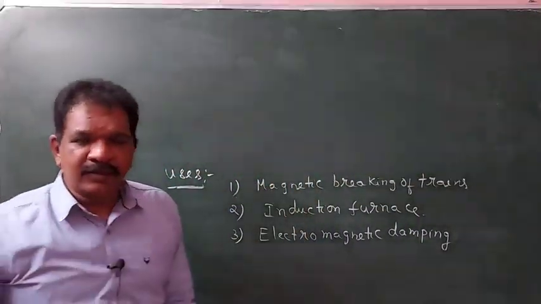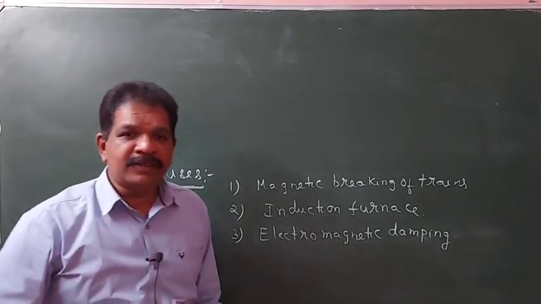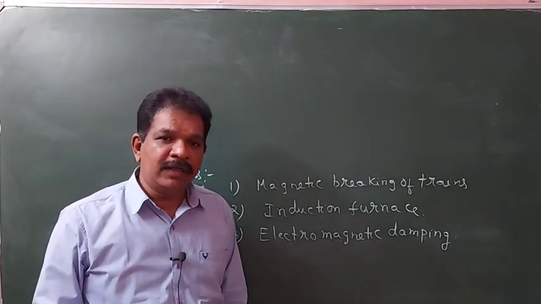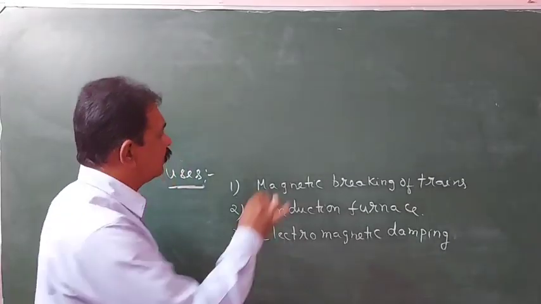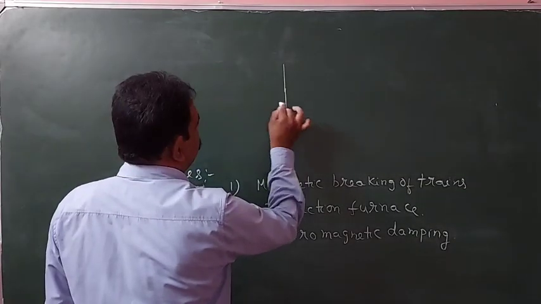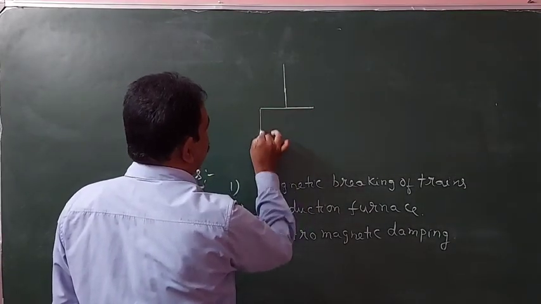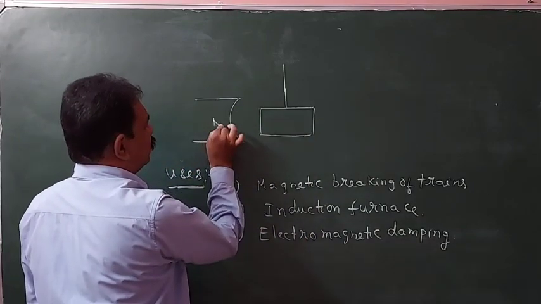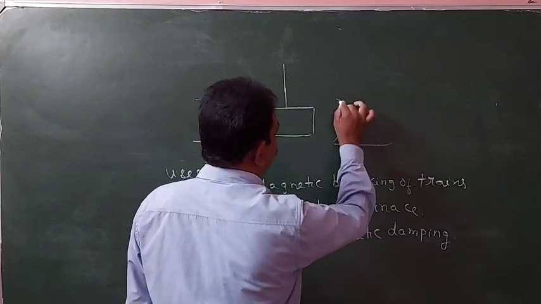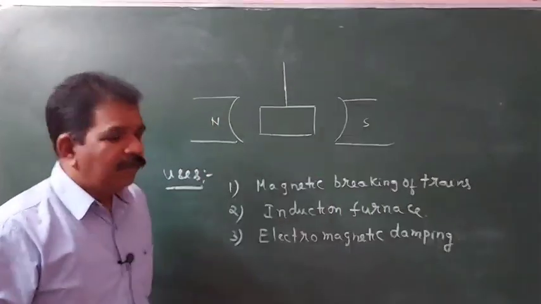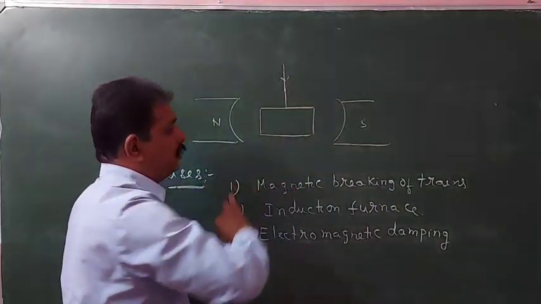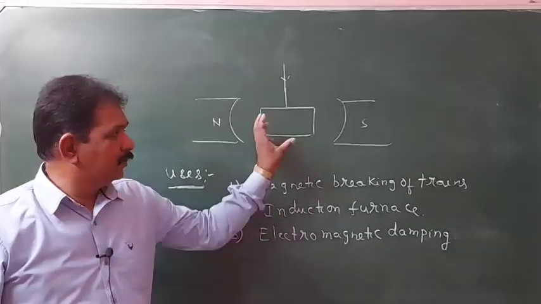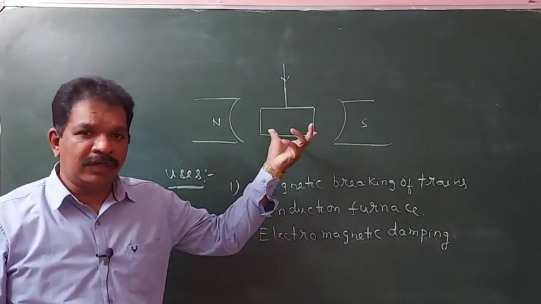we studied in the previous chapter, moving coil galvanometer. In that, one coil will be there like this. It is placed between two poles of the horseshoe magnet. When current enters into the coil, this coil will rotate.